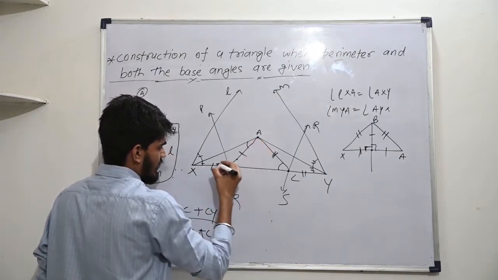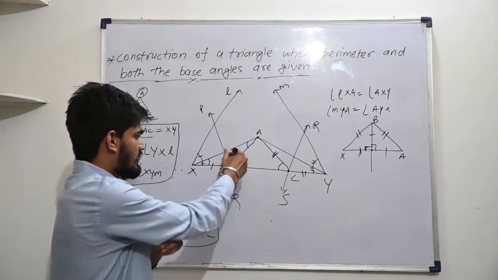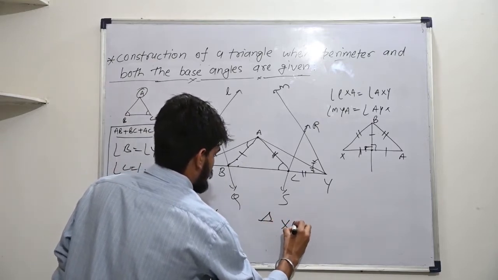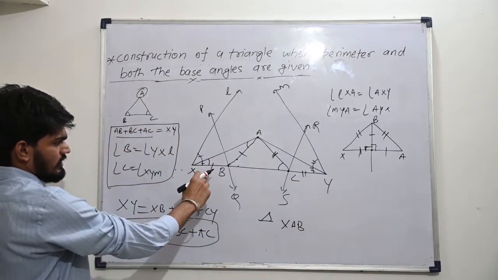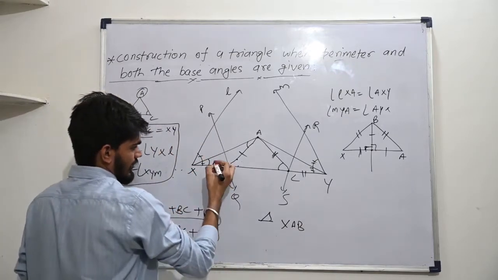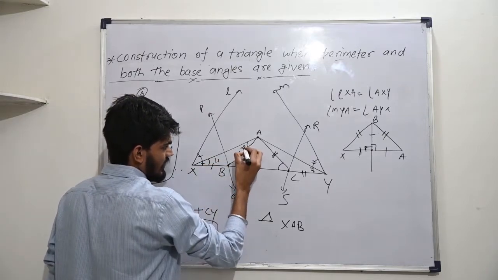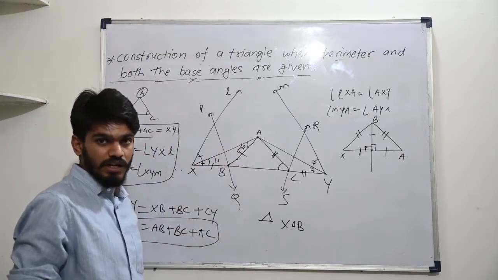That means this angle and this angle will both be equal in this triangle XAB. Let me give it a name. Let's say angle 1, and this is, let's say, angle 2. Angle 1 is equal to angle 2.